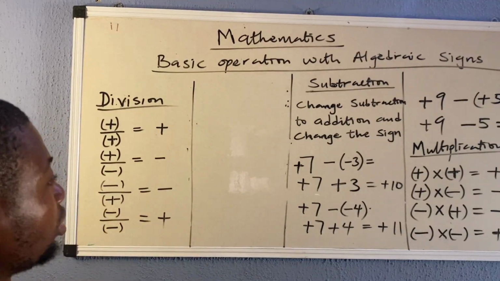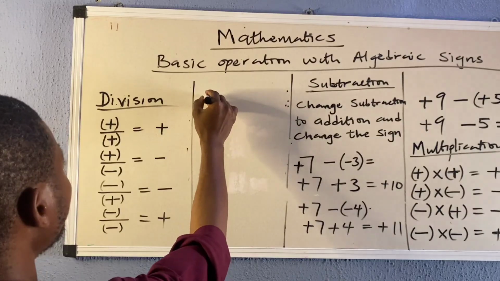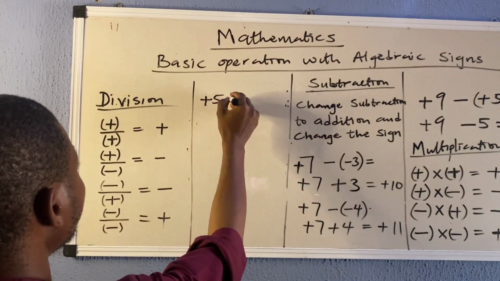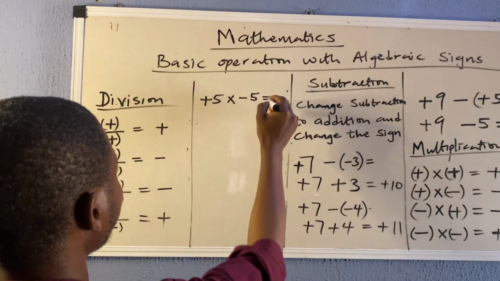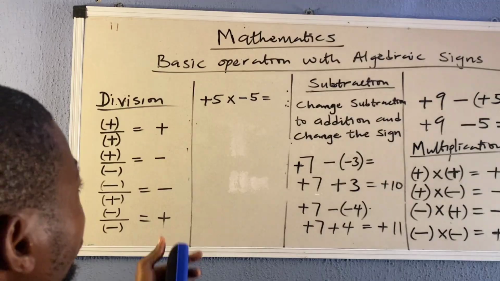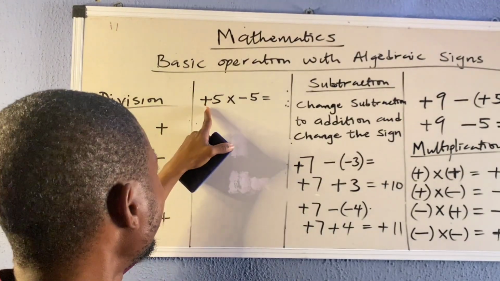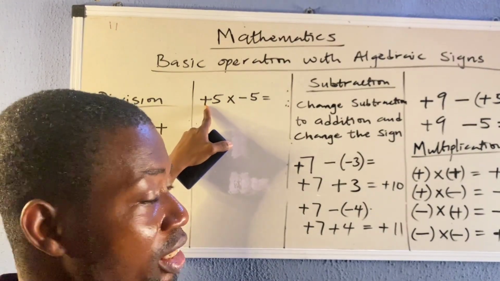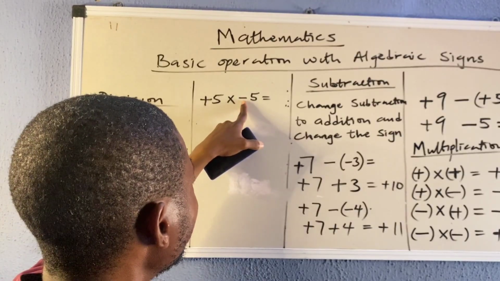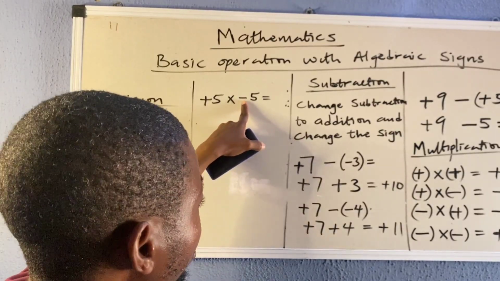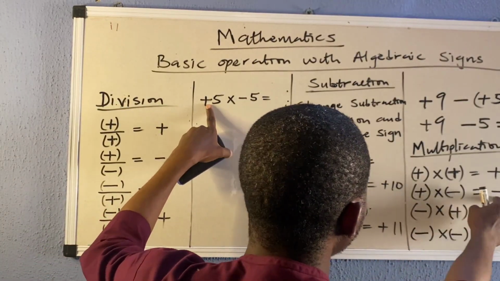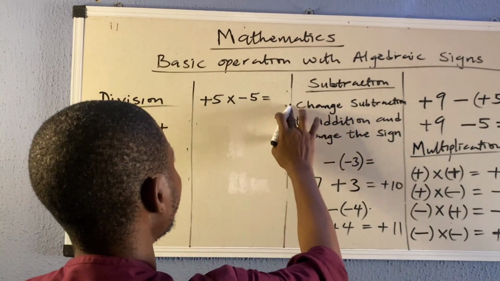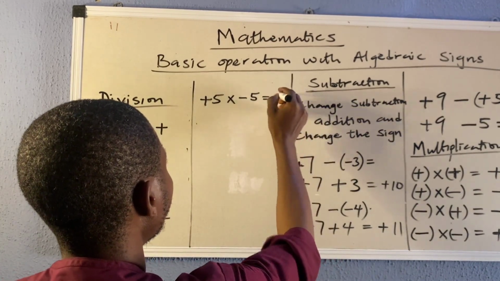Now look at this. Let's say we have plus 5 multiplied by minus 5. So what we look at first here is the sign. The sign that we have here is addition, and here is what? Subtraction. Now this rule applies. Addition times subtraction give us what? Subtraction. So we write the subtraction sign.